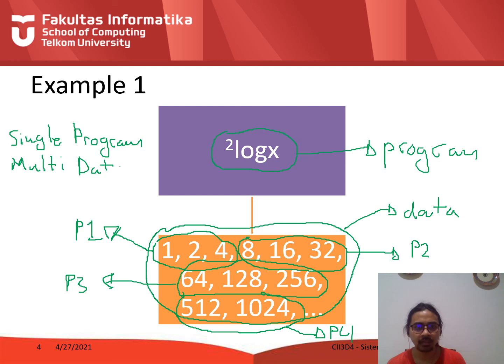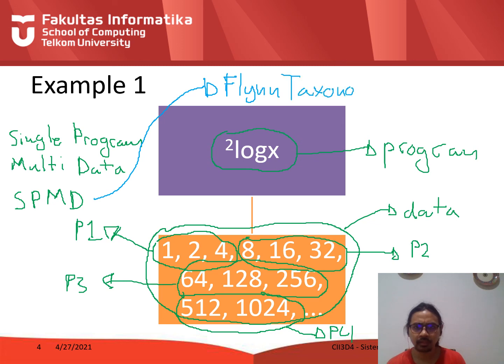This programming model is called SPMD. Or in Flynn taxonomy, which we have learned in the previous meeting, if you still remember, you can call this SIMD, which is basically the same.